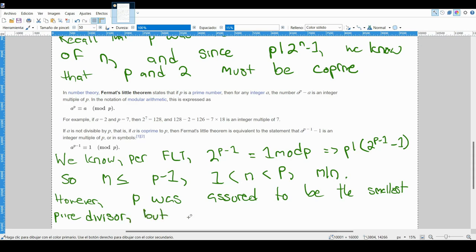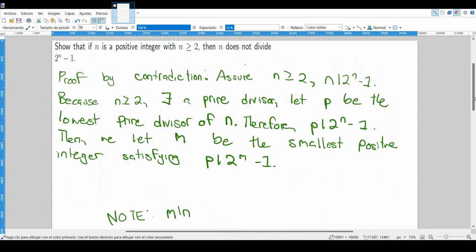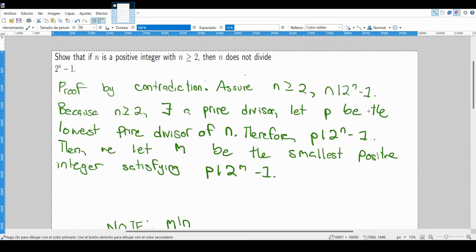But m has a smaller prime divisor because it's a value less than p. This contradicts our assumption, which we made way up here. We assumed that p was the lowest prime divisor of n.